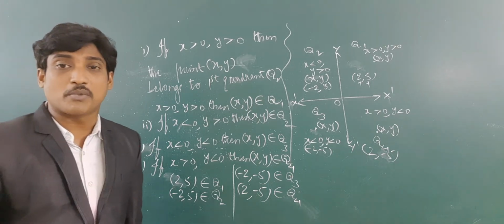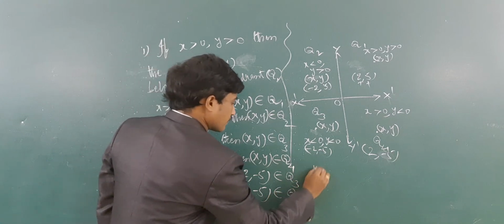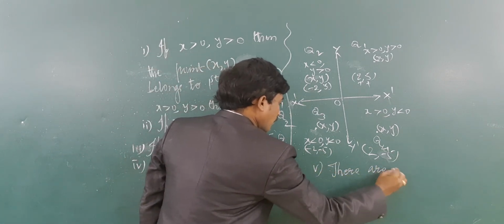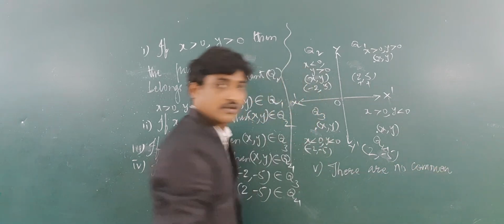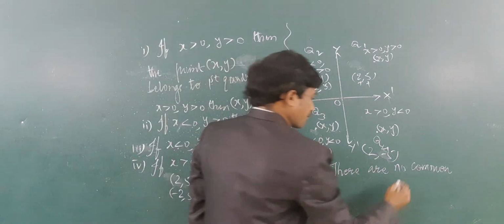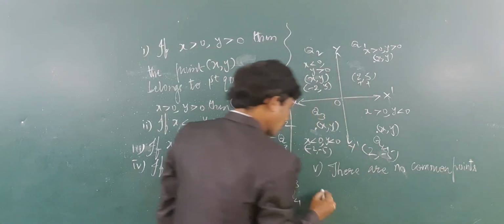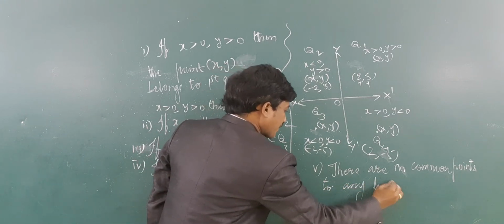There are no common points to any two quadrants.